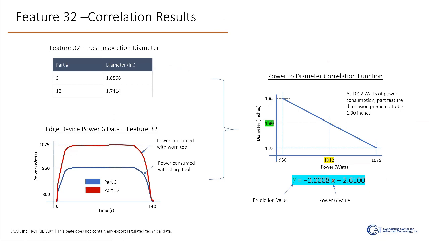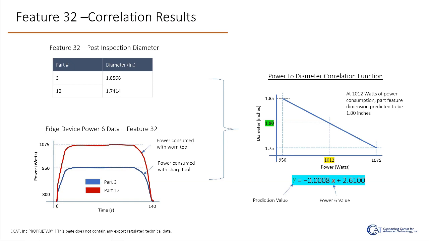And what you're looking at here on the screen at the top left is the inspection result. We produced 18 parts, and we're looking at part number 3 diameter measurement, which ended up being 1 inch and 856 thousandths.